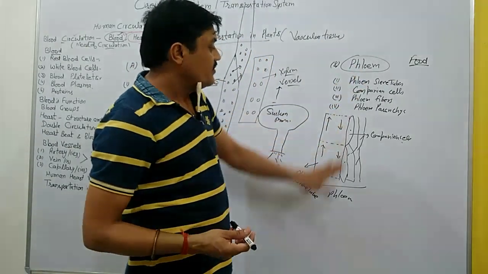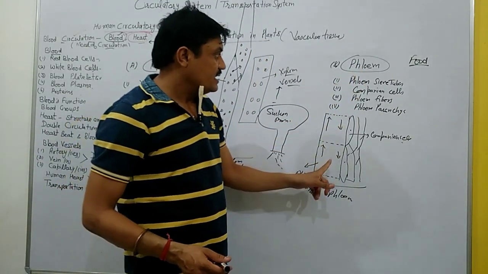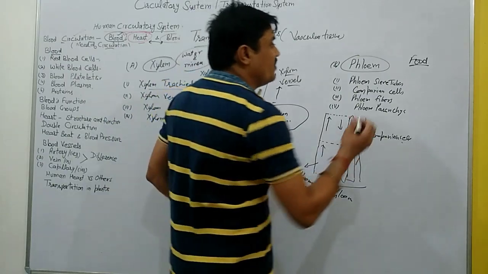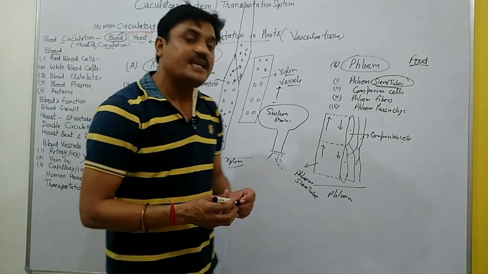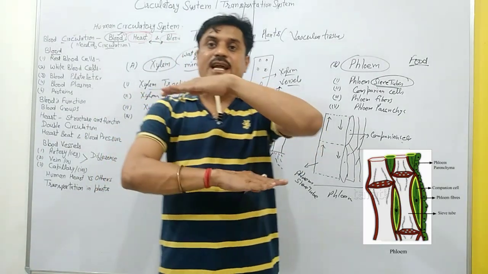Now about the phloem. In the phloem, the main cells which are responsible for the distribution of the food are the sieve cells. The sieve cells have perforated ends.